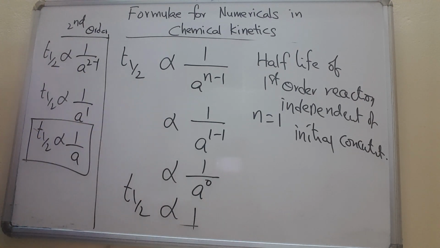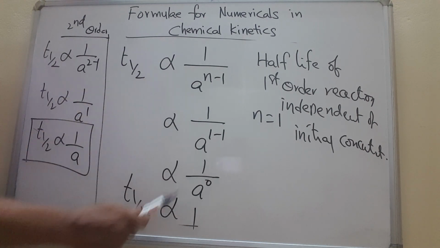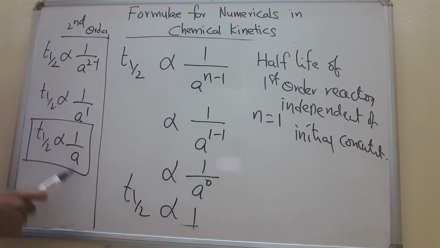For zero order reaction, half-life is directly proportional; for first order, it is independent; for second order, it is inversely proportional. If you remember all these formulas, it is better to understand and practice the numericals in chemical kinetics. For better updates, please subscribe to my channel. I will update all the formulas and every important thing in chemistry.